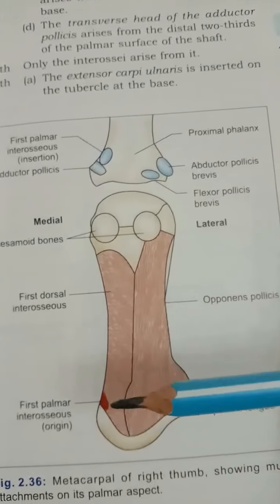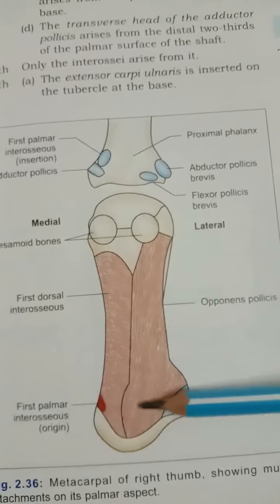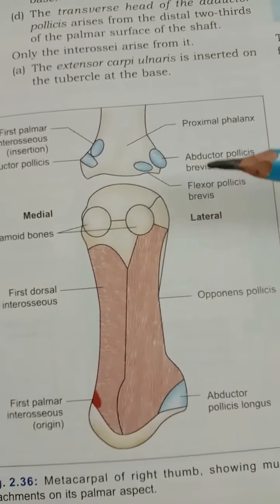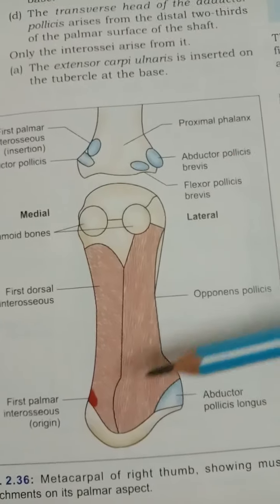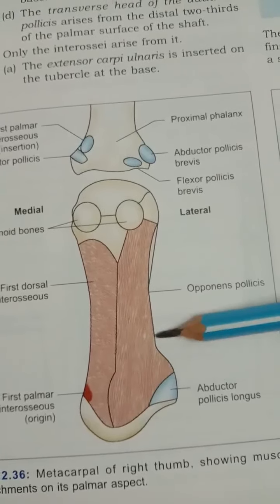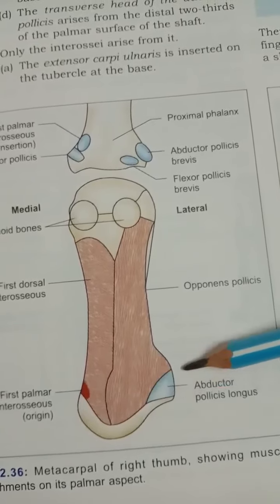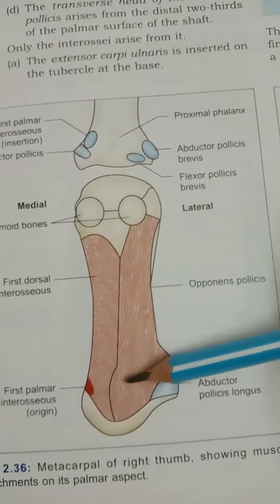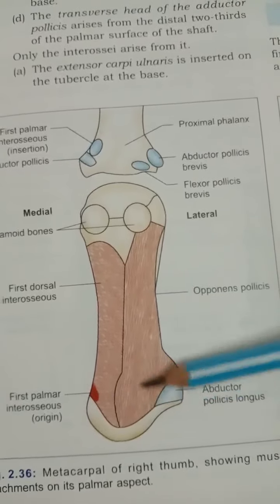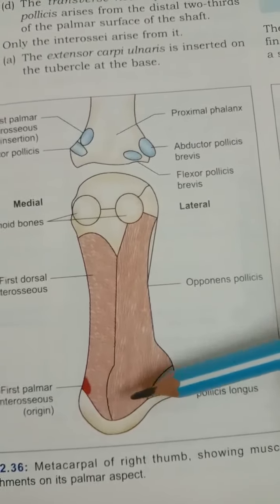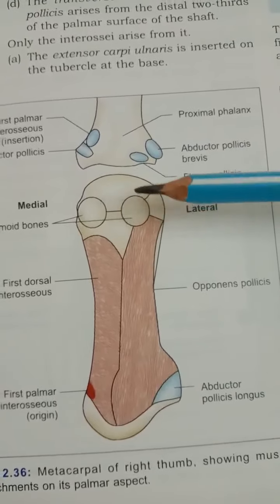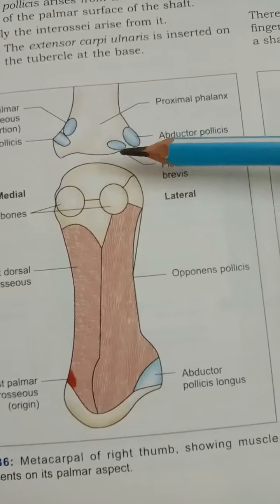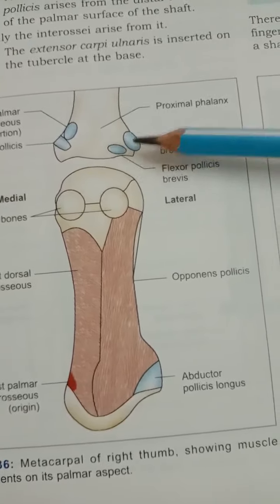Its base does not articulate with any other metacarpal bone, and it has an epiphysis at the proximal end, unlike the other metacarpal bones, which have an epiphysis at the distal end. So the epiphysis occurs at the proximal end of the first metacarpal bone, and in the remaining metacarpal bones, the second to the fifth, the epiphysis occurs at their distal end.